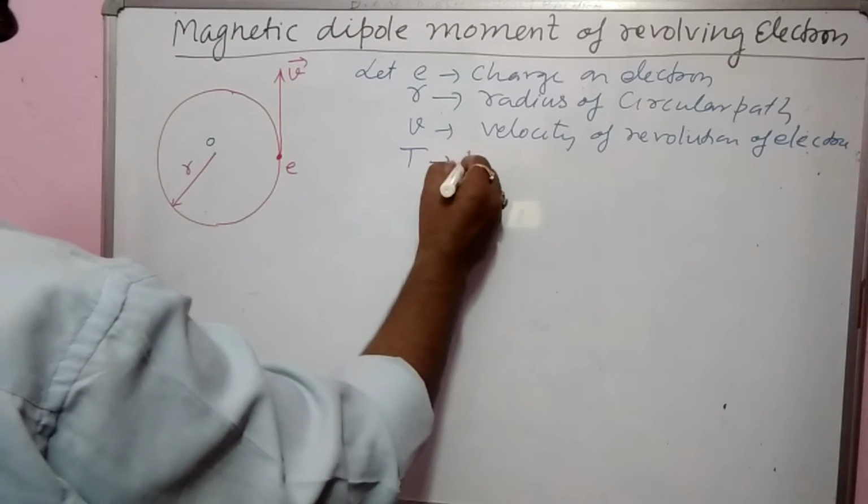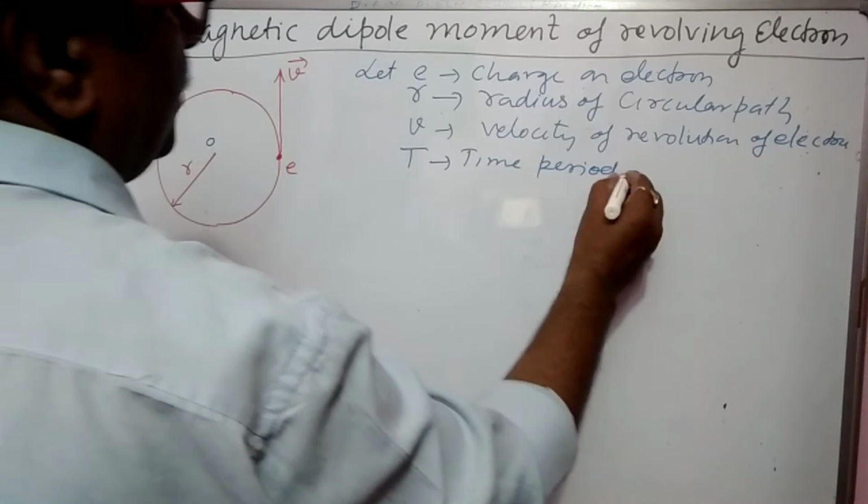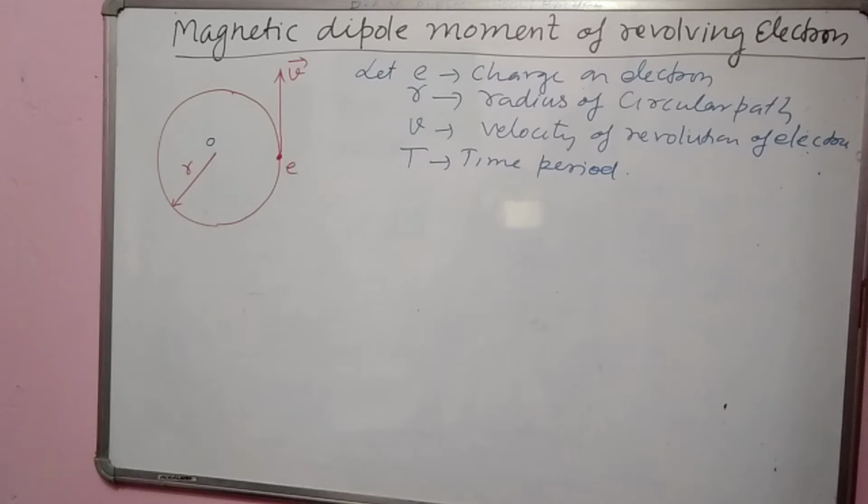T is the time period. Time period means time taken by the electron to complete one revolution.